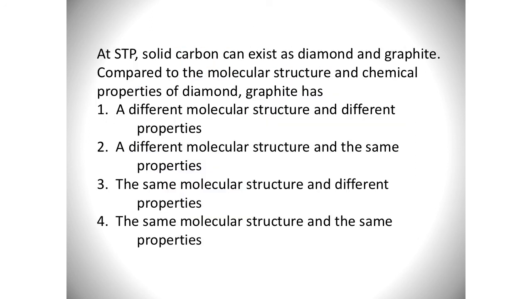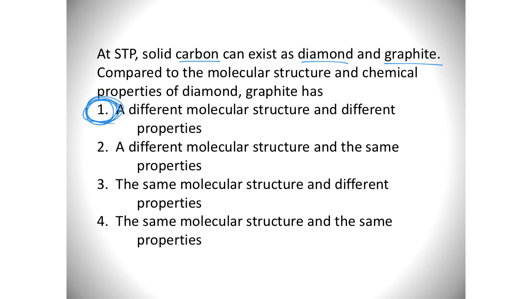All right, so here's a common question that we see with this idea. So carbon can exist as diamond and graphite. There's also some other forms too. Compared to the molecular structure, so the way that the atoms are arranged, and the chemical properties of diamond, graphite has a different structure and different properties.